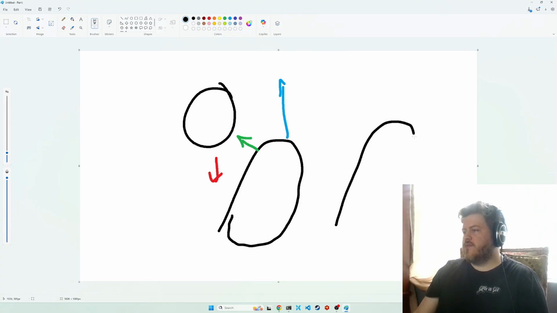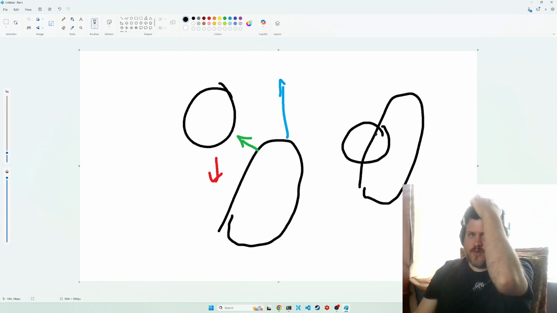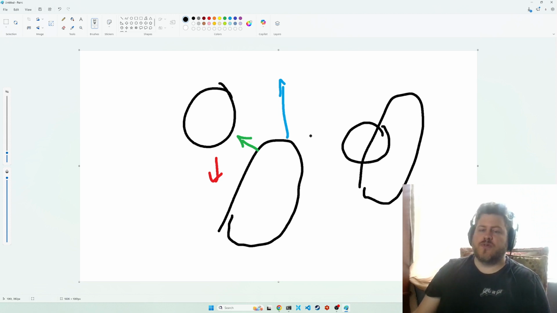So if I redraw them after them having moved here, and say now they're overlapping like this after moving forward a single step, then the collision normal still works out, luckily, but it wouldn't necessarily do that, right?